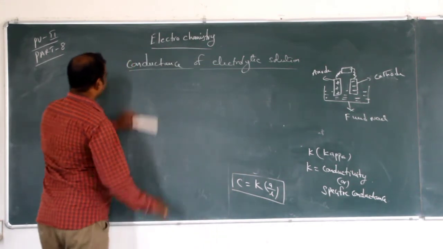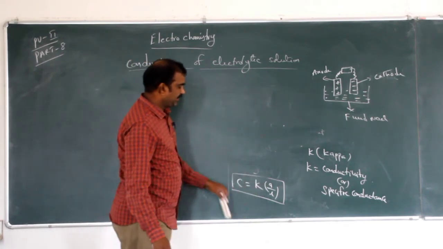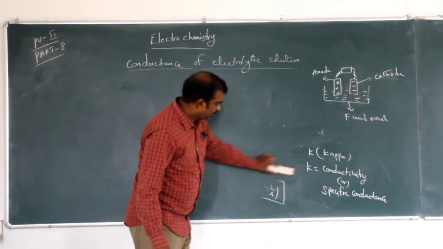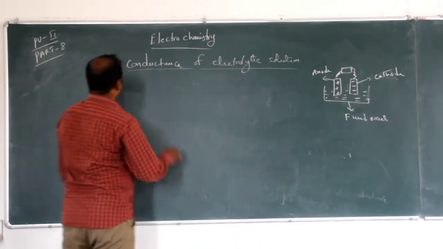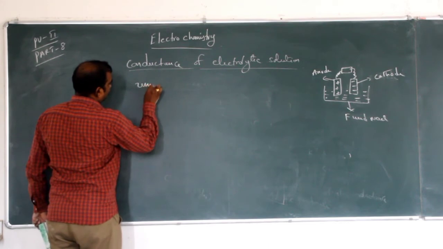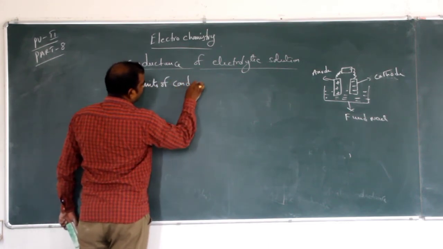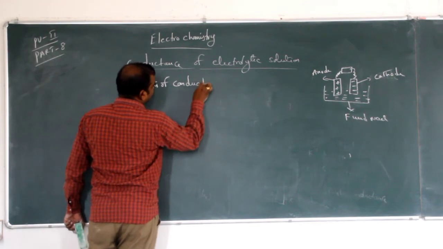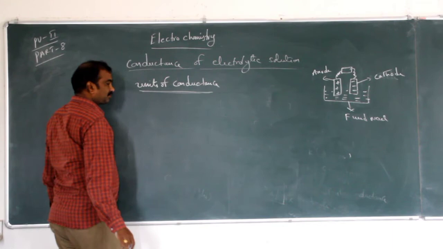So see here, C is equal to K into A by L. Units of conductance.